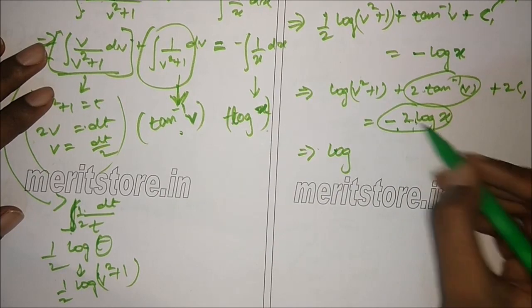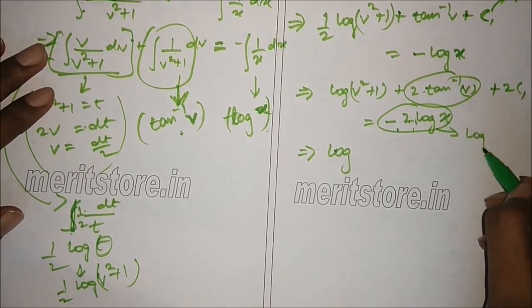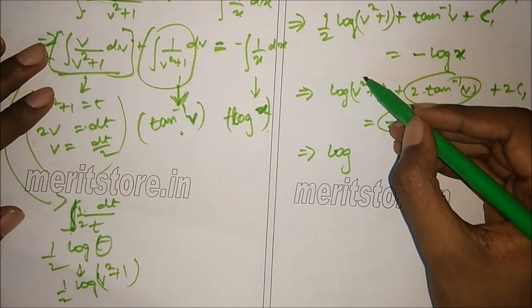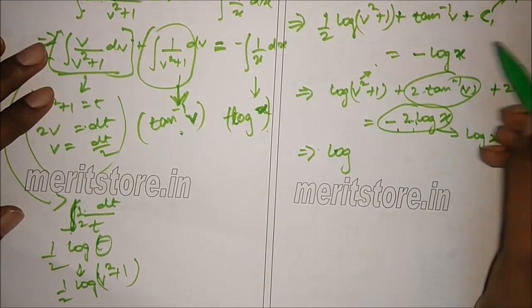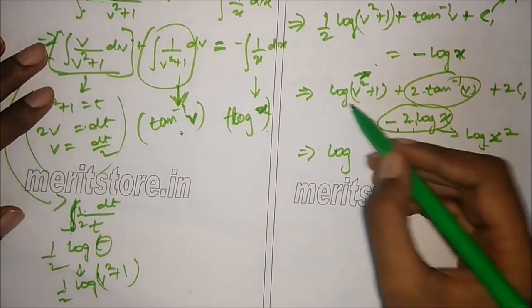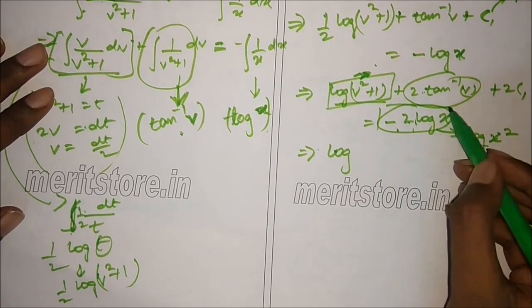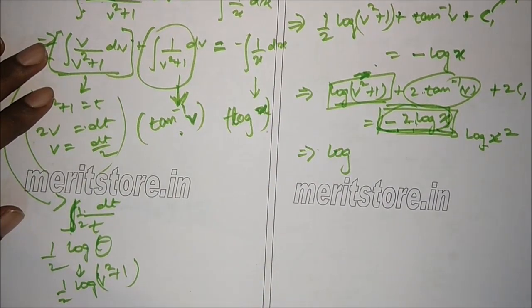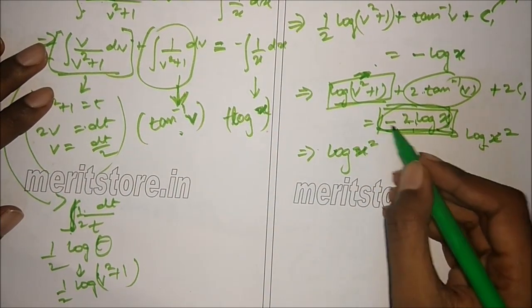Minus 2 log x can be written as minus log of x square.